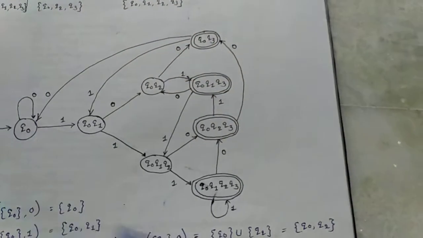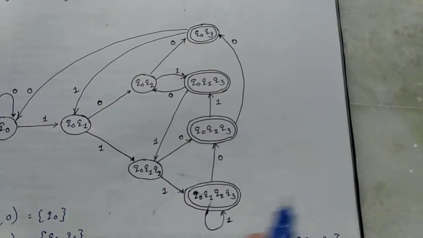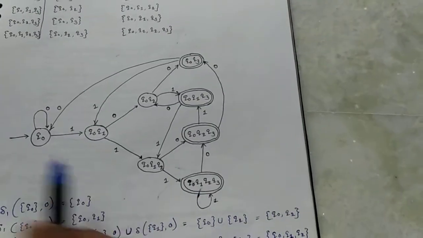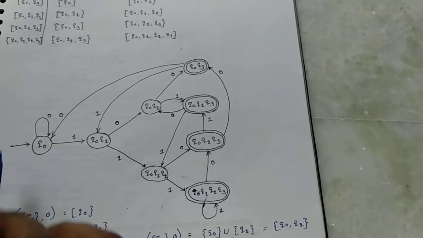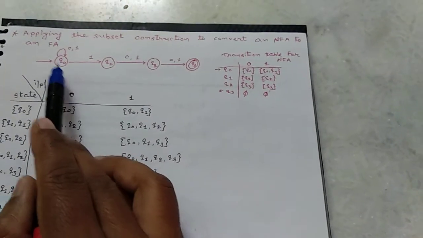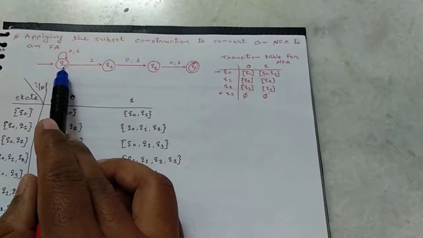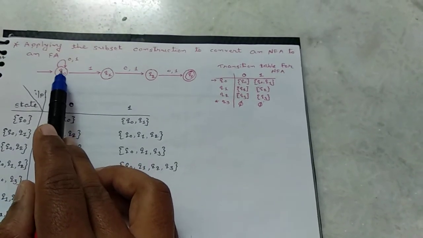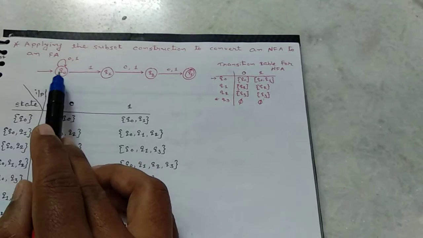So draw the finite automata for the given NFA. This one is the final FA after converting the NFA. In the NFA you have the Q0 state, and at the Q0 state there may be multiple inputs for the same state, here 1 and 1.